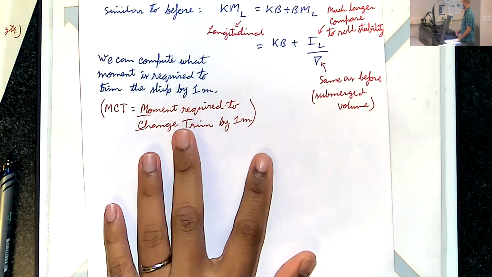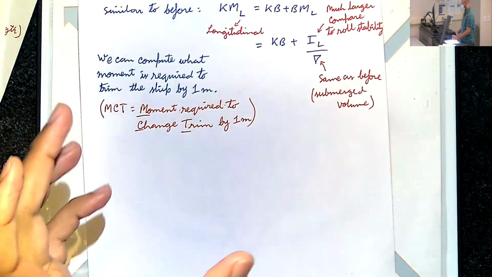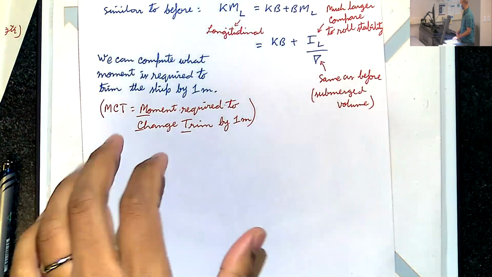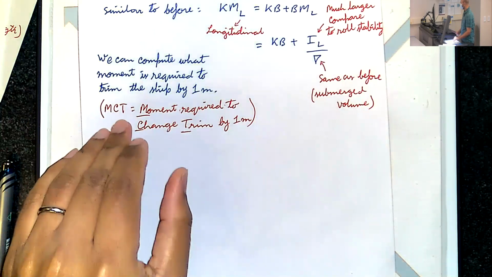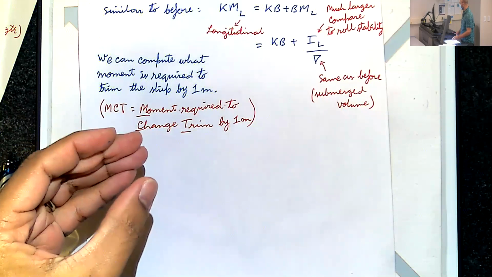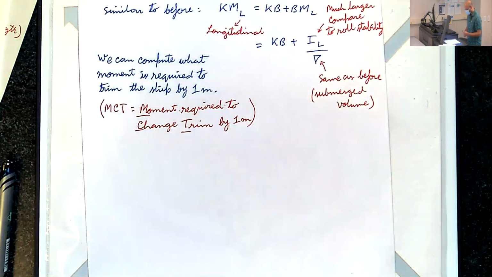And this could be part of the graphs we were talking about, the hydrostatic curves. So if you know the value of MCT, you can figure out very quickly, if you move cargo from one place to another, what is the resulting change in trim.